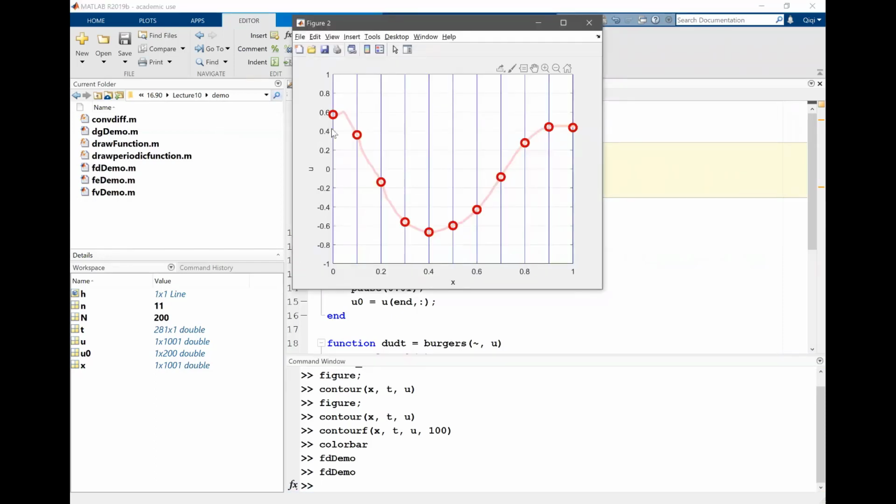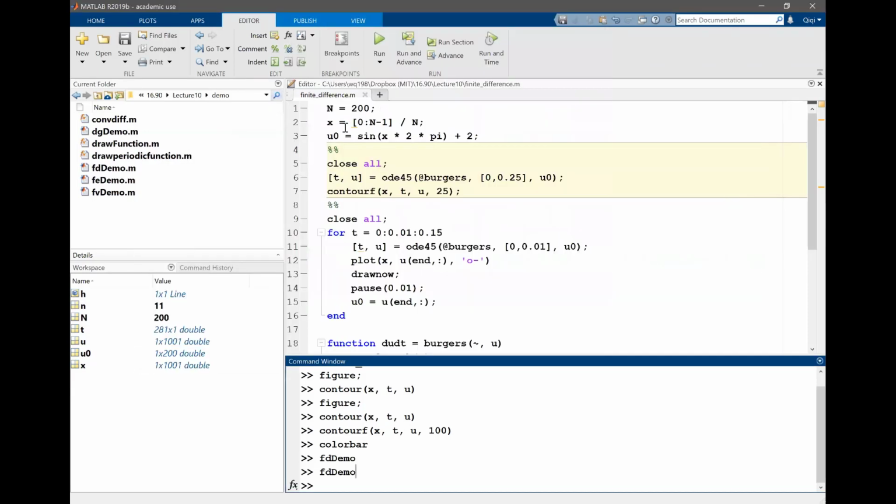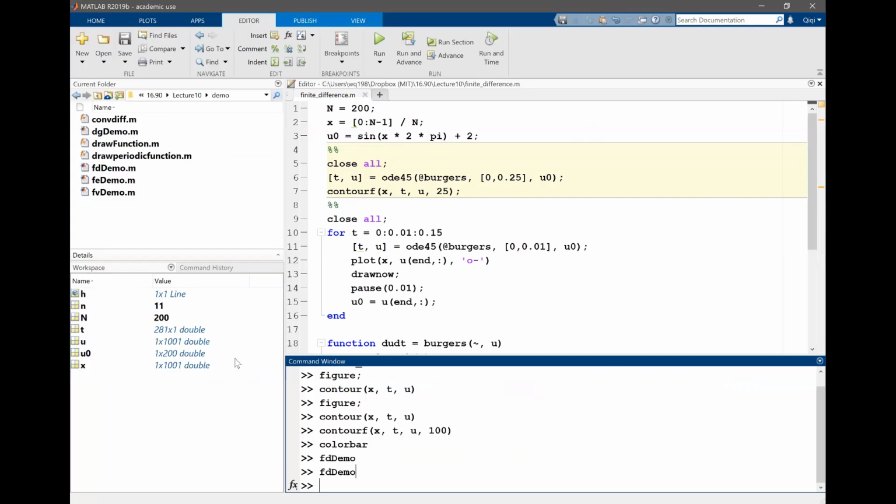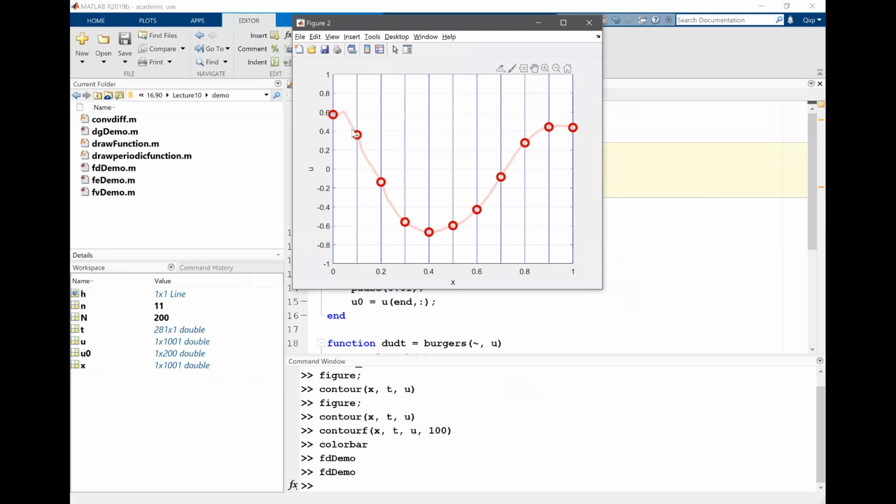But the problem is that it's not so easy to actually obtain the total amount of stuff within an interval if you only know the value of the function at the boundaries.